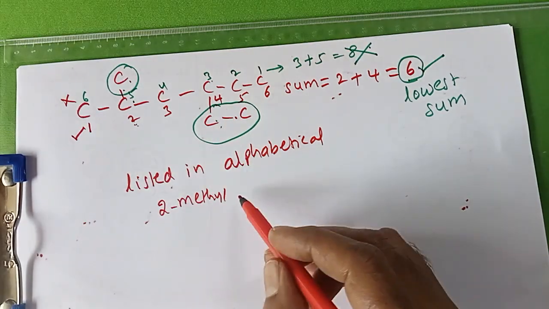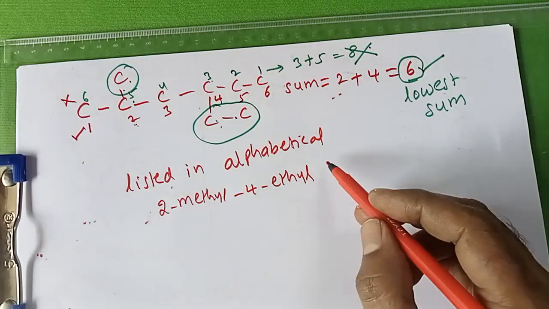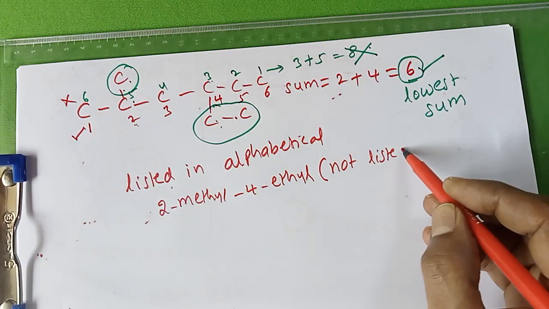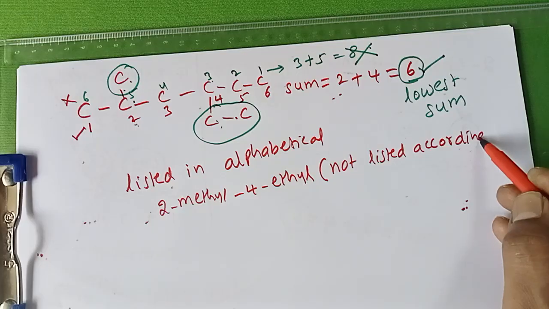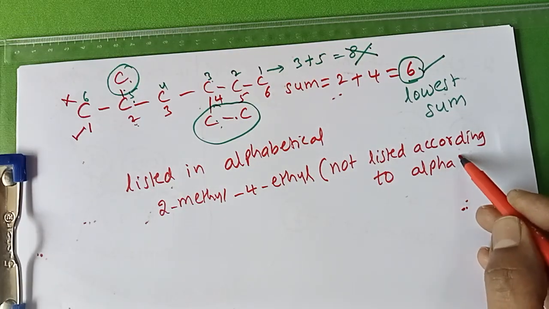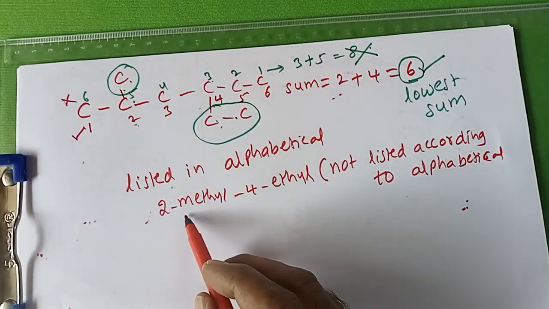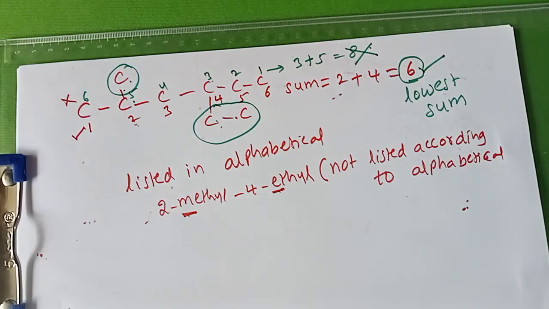And next, fourth carbon ethyl, 4-ethyl. This is not listed in alphabetical order. What is the reason? M, E. But in A, B, C, D, E, F, E comes first.